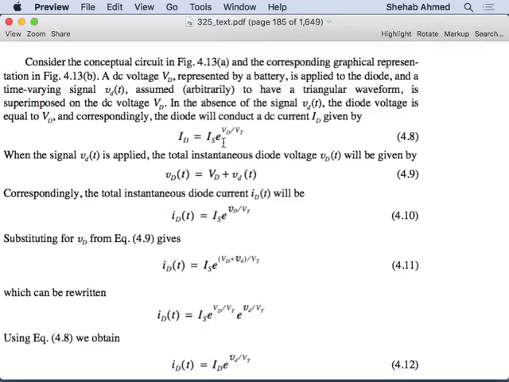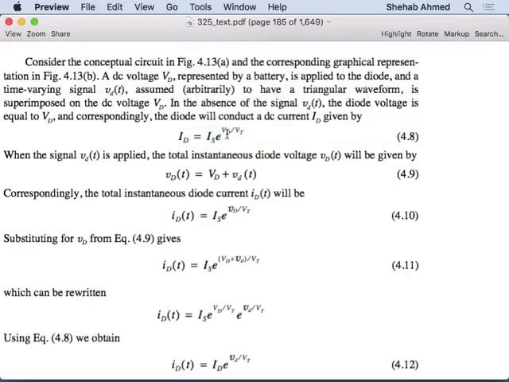Instead of this VD being the DC that I had across the diode, what I'm putting across the diode now is a DC voltage plus a small AC signal. I substitute that into this equation for current.